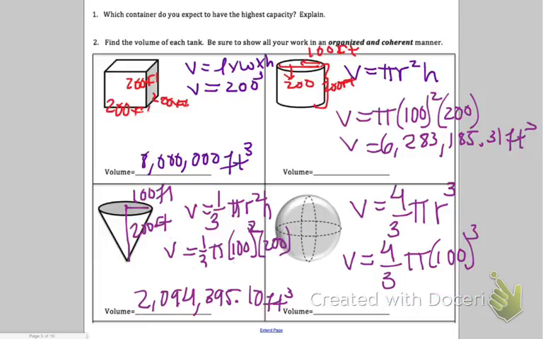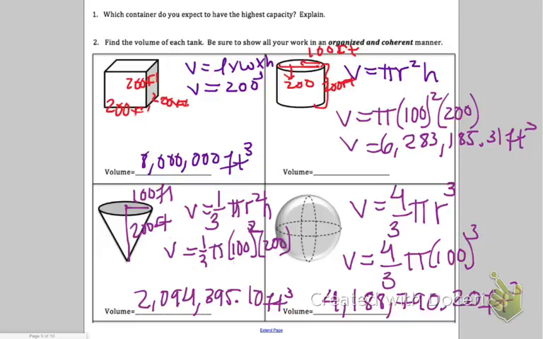Or what we could do is 4 times pi times 100 to the 3rd power, and then divide your answer by 3. That's going to give us a volume of 4,188,790.20 feet cubed.